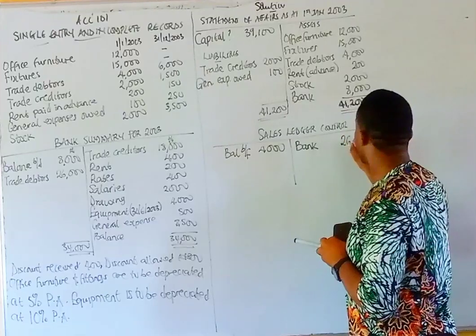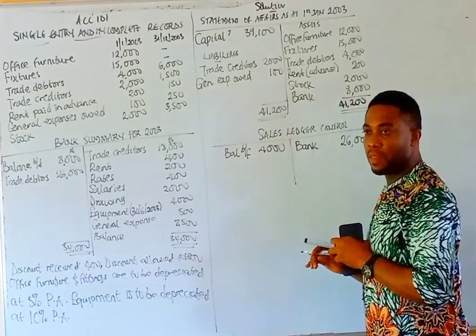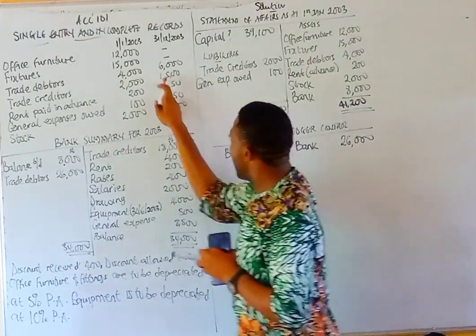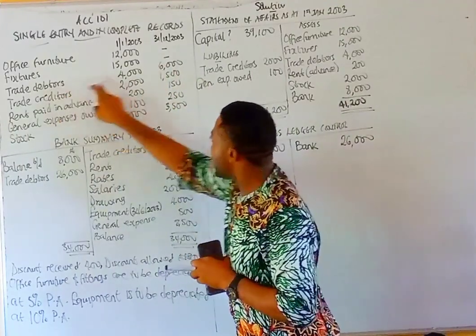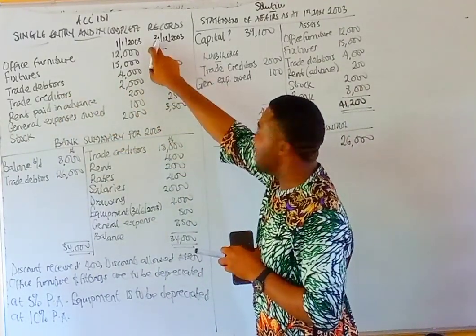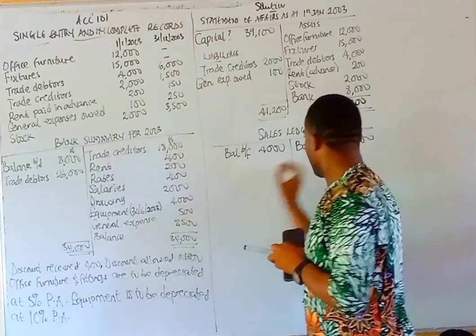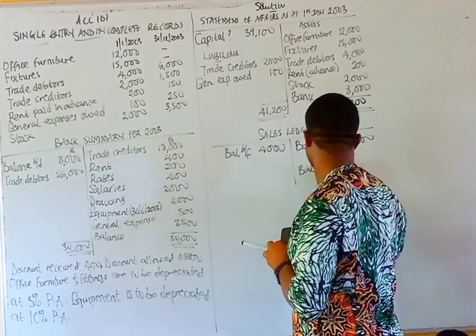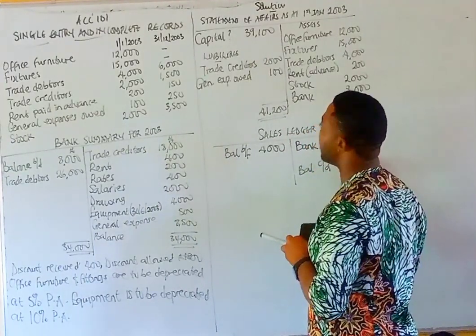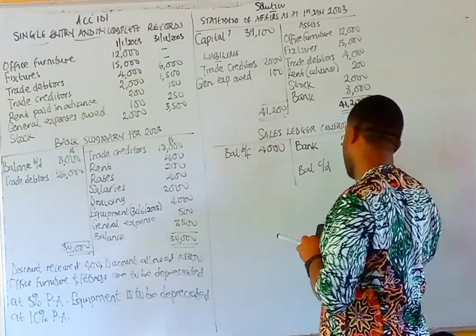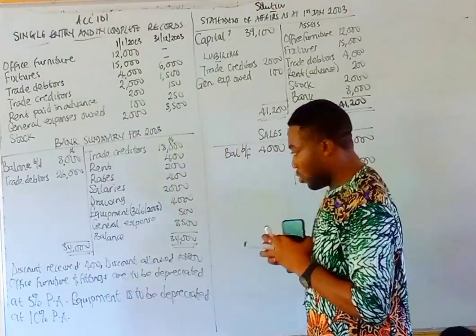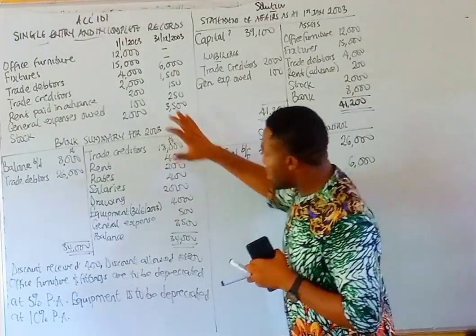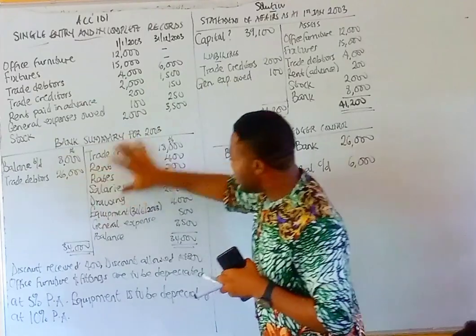How much? 26,000. Now another item here is this trade debtor at the end, and it will be balance carried down. That's the item that concerns debtors here.